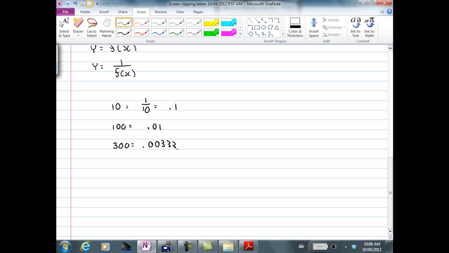So, what can you conclude? As the numbers get bigger, the decimal gets smaller. As the numbers get bigger, the reciprocals get smaller.